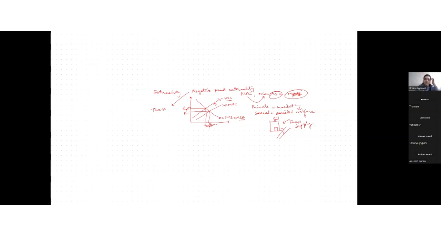All right. So if taxes are imposed, the supply curve will shift to the left. Hence, we are talking about negative production externality, where our supply curve is moving from S1 to S2, directly to the MSC, that is marginal social cost, and reaching the optimal level that is required in the society. The difference between S1 and S2 is called external cost.